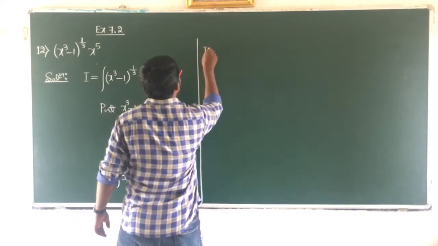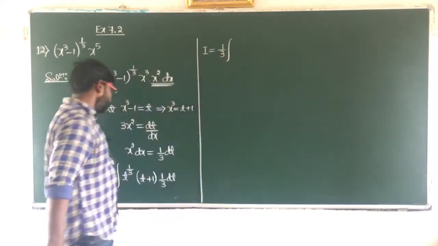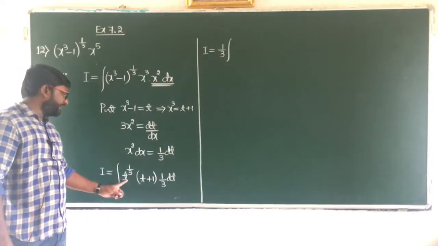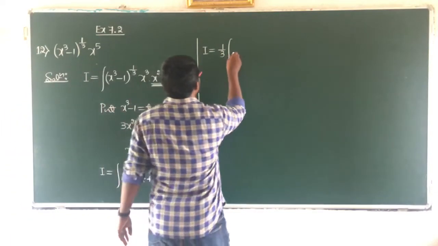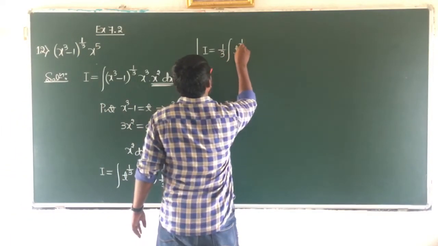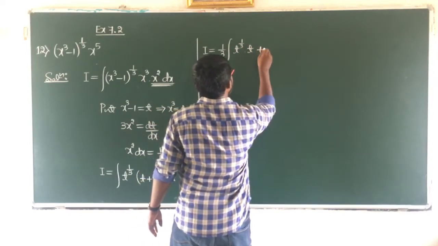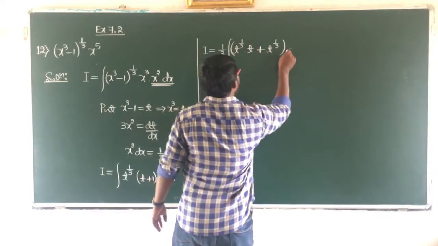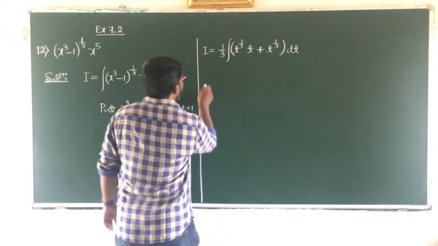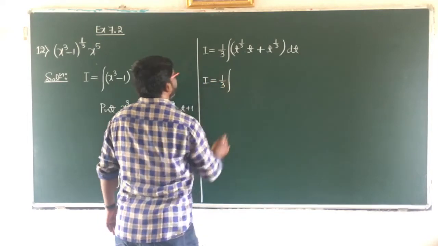I is equal to 1/3, written outside, the integral. Now multiply t to the power 1/3 with these two terms: t^(1/3) into t, plus t^(1/3), dt.